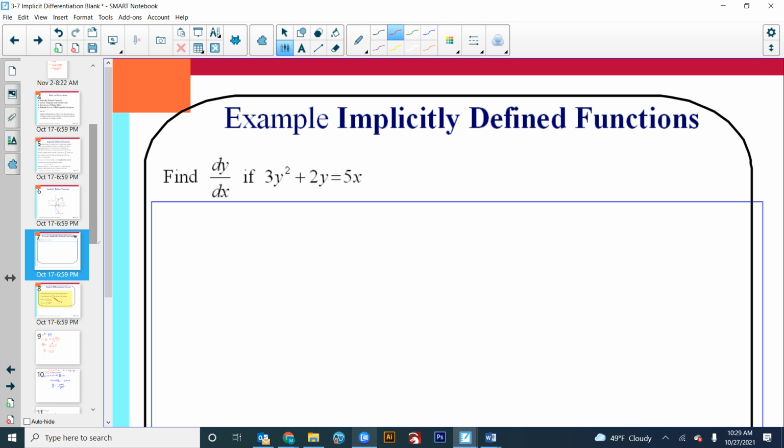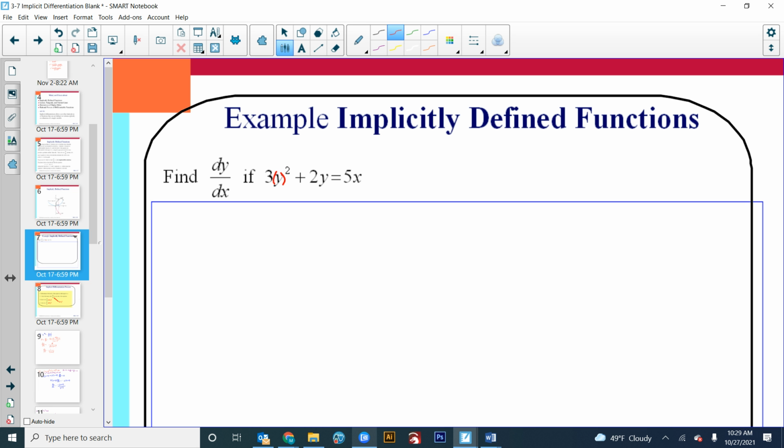So anytime we see a y, chain rule, derivative of a composite function. Y is a function. So anytime you see a y, you may want to put parentheses around it. Not that they're necessary, but just to think, oh, that's a chunk. That's a quantity. It's not just a letter.